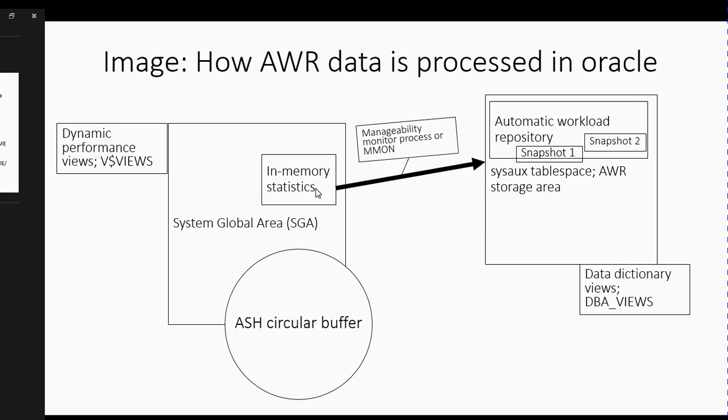Prior to querying the DBA views, when you're looking at the performance views, you're actually reviewing the dynamic performance views inside of your SGA. And again, just remember, in terms of AWR, the process that performs this capture and query of the data is MMON.